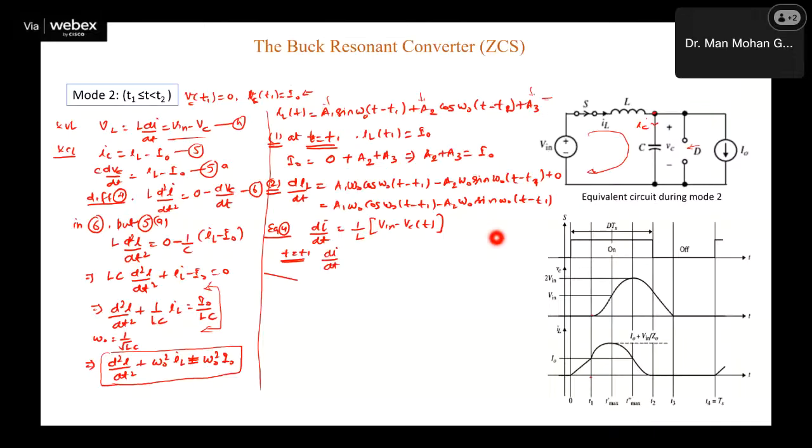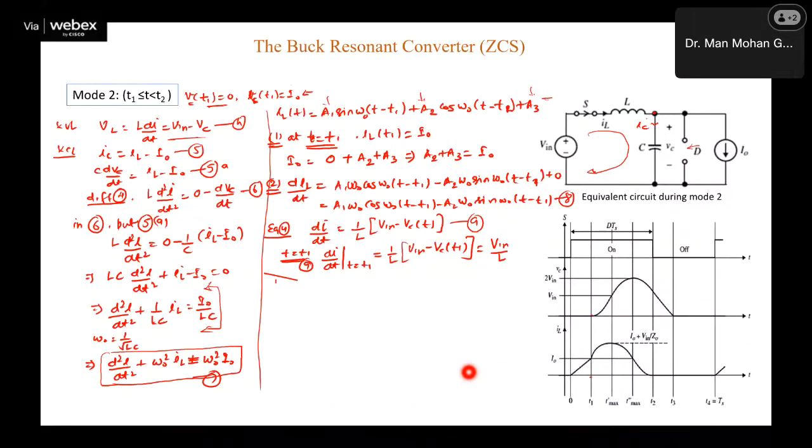Di by dt at t equal to t1. Let's say this equation is equation number 7. This is equation number 8. This is equation number 9. So di by dt at t equal to t1, if you put in, let's say 9 first, then it gives us equal to 1 by L (V in minus VC(t1)), right? So what is VC(t1)? VC(t1) is 0. So if you put it here, then this is V in upon L.